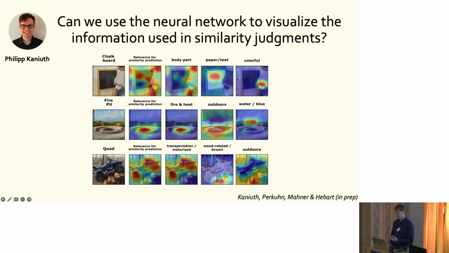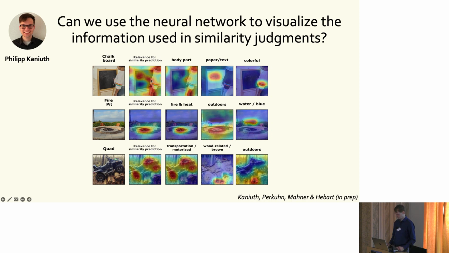A text related dimension would be highlighting this part here, or a colorful dimension, the sleeve of that person. For this dimension here, the fire or heat-related dimension would be where the fire pit is. Water and blue would be covering the water. And you can then put all of them together, and you get an integrated image of the parts of an image that are relevant for making similarity judgments.